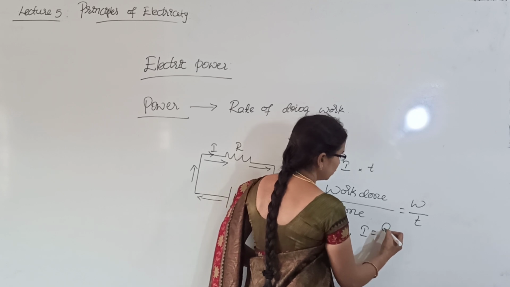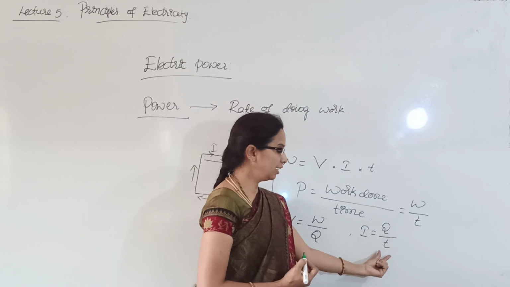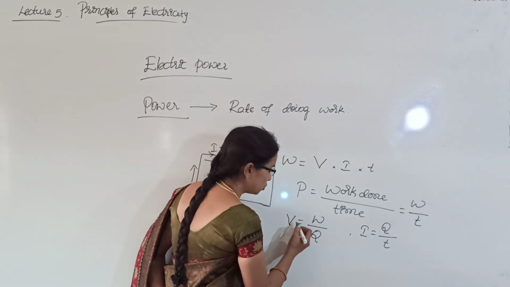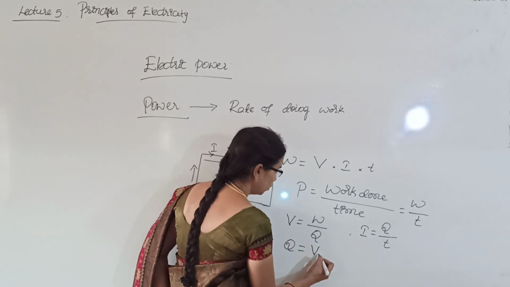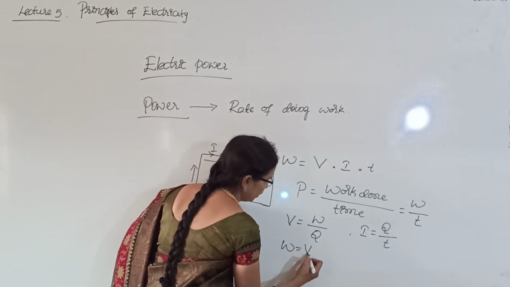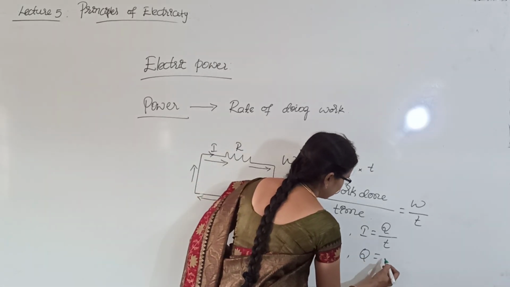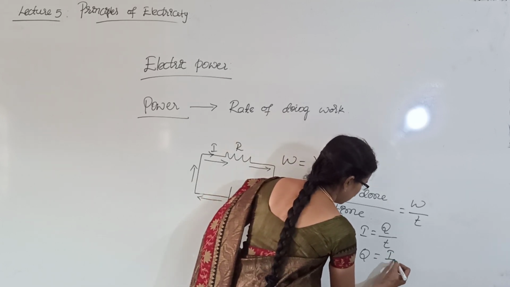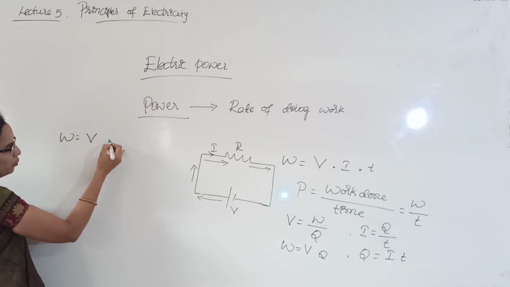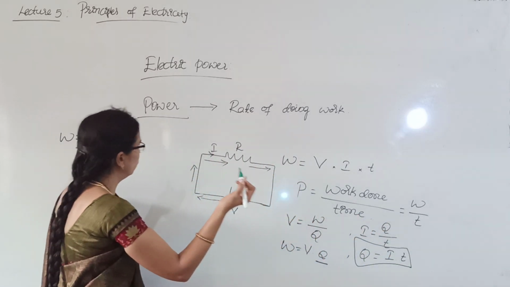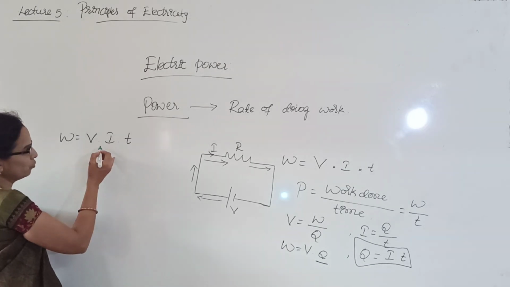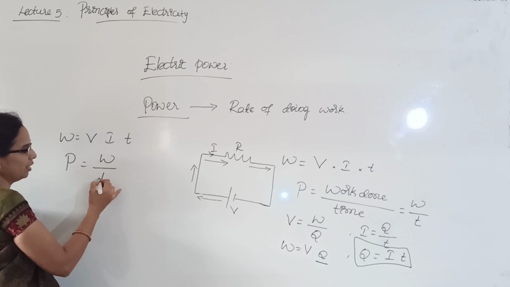Also I is defined as Q by T, that is charge moved in a time T. So V is equal to W by Q can also be written as W is equal to V into Q, and Q can be written as I into T. So W is equal to V into I into T, but power is defined as work done by time taken.